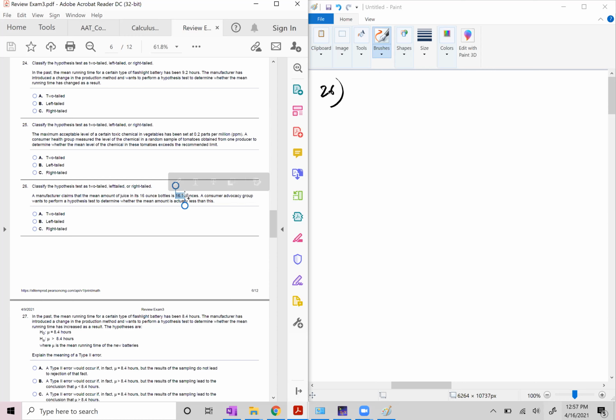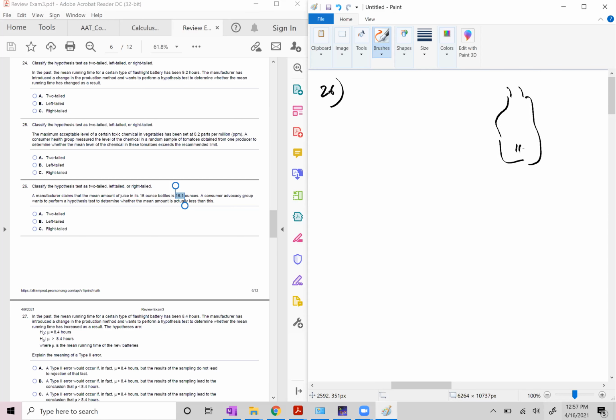It's true that his bottles are 16 ounces, but you can go more. So 16 ounces is up to some level. Now what the manufacturer is telling, even though it says 16 ounces, is that in his manufactured juice there are 16.1 ounces, 0.1 ounce more usually.